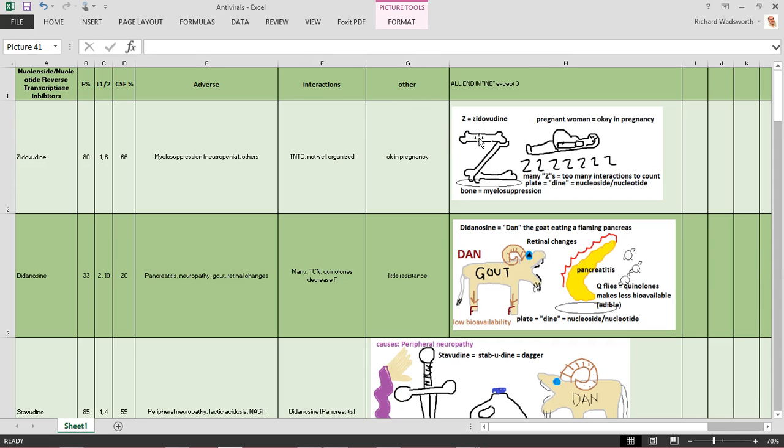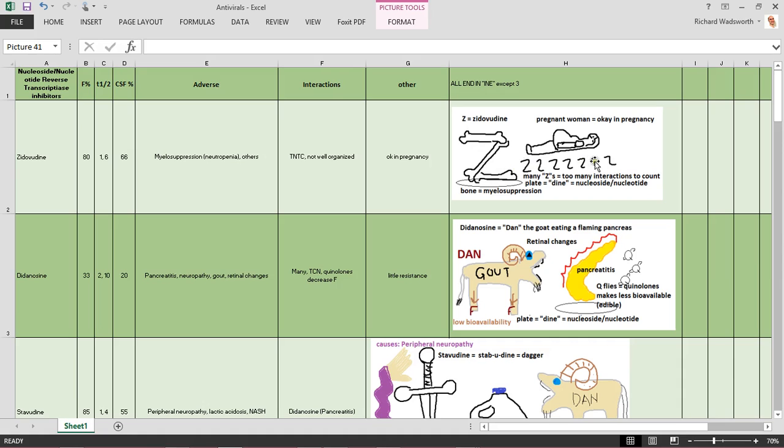So how did I work on memorizing this? Well, this is the only one I can see that started with a Z, so I just put a Z made out of bones to remember that it's myelosuppressive. So when you think Zidovudine, it starts with a Z. And as far as its interactions, I repeated lots and lots of Z's here to show that they're too numerous to count.